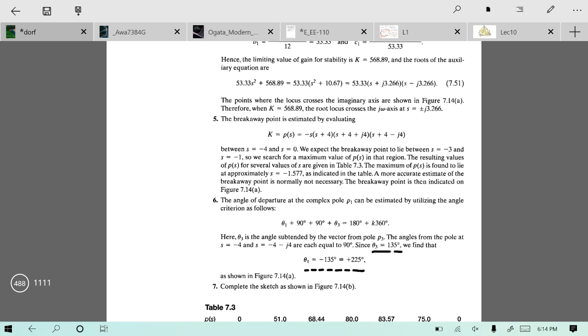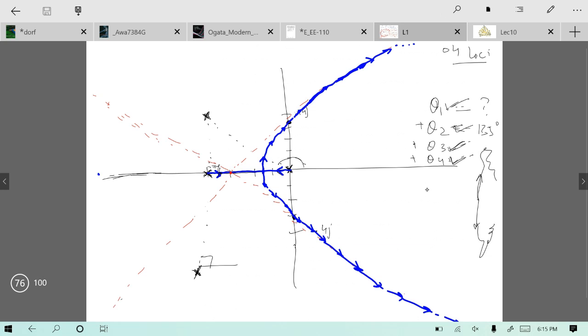So theta 1, this angle of departure, is minus 135 degrees. Minus 135 means it will go from here.